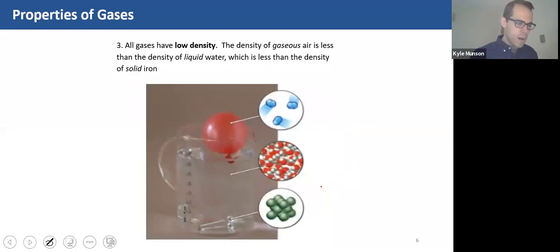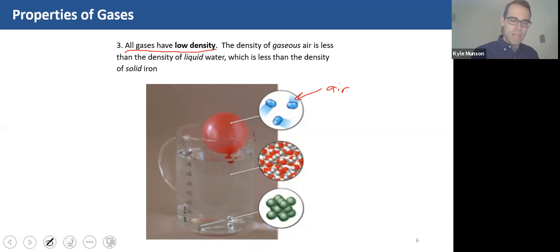So another property of gases is that all gases have low density. So for example here, the density of gaseous air, shown here, this is air, and this balloon is less dense than liquid water, okay?